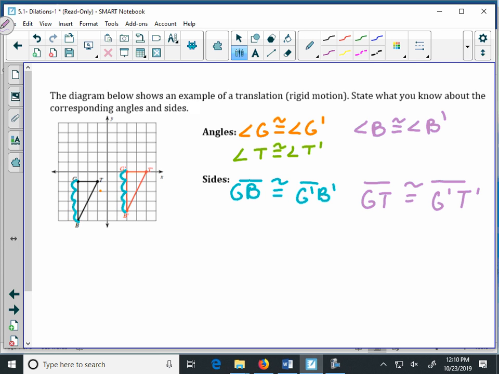Again, if you count, they both have a length of 2. And then BT is congruent to its corresponding side B prime T prime. Nothing changed when we did the translation. Everything stayed the same. We just changed its location on the grid. Questions over that?